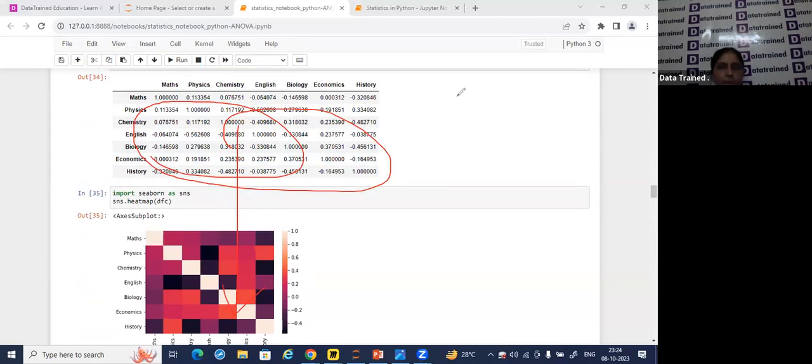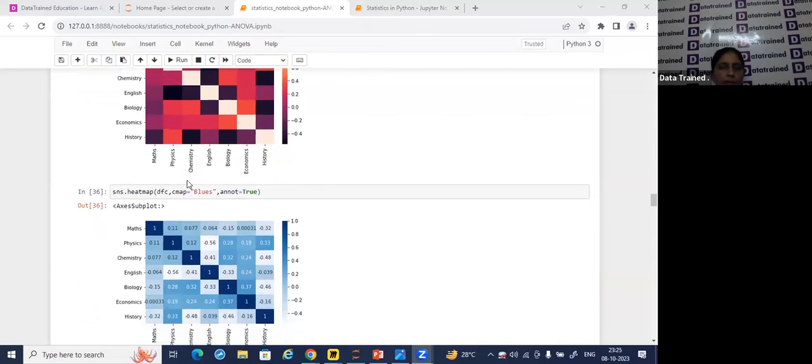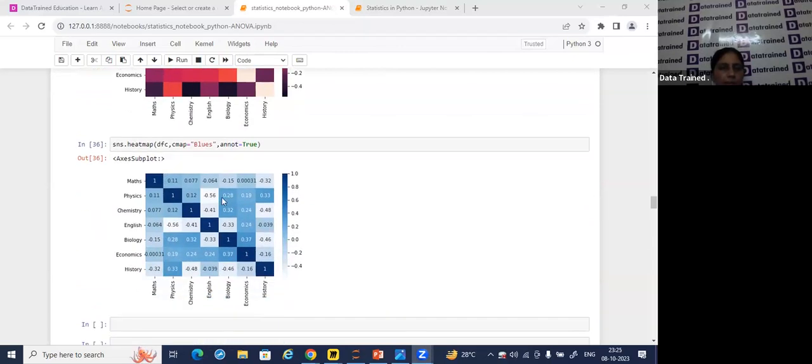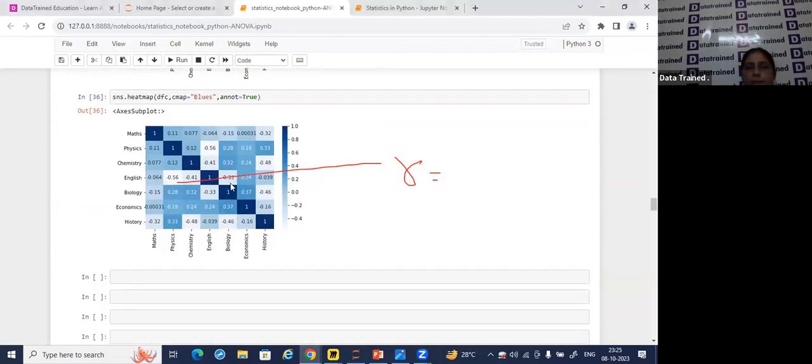But if I want to see these values, you can see certain points coming here, and these are the calculated coefficient R. Can you see some numerical values coming here? These are all calculated value R, basically the correlation coefficient R, which you are getting from here.